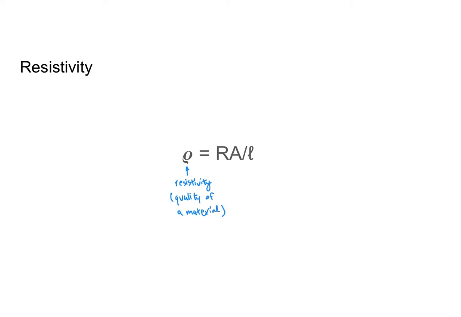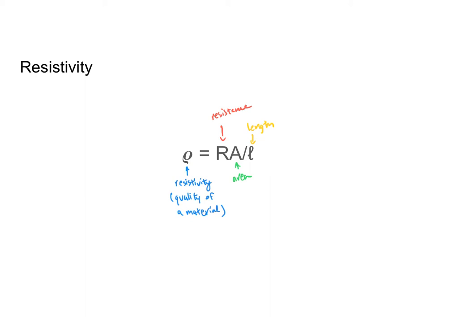And that resistivity is equal to the resistance of the wire, which you guys have seen before, times its cross-sectional area divided by its length. And I think that this equation is actually often more valuable if we rewrite it to solve for our resistance, because the resistivity, area, and length of the wire are the things that we can change.